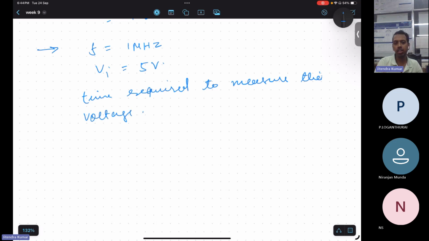Consider any resolution, because resolution will be required. How much resolution do you want to have in this? Any random, arbitrary value, just let me know, and then calculate how much time will be required to measure this much voltage, which is 5 volt.